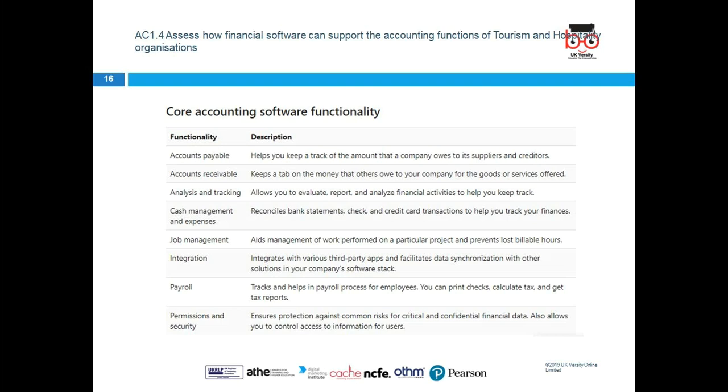Integration: our software can be integrated with the various authorities. They can verify the data and check it, and that will help improve efficiency and provide better services to our stakeholders, who really want our services to be improved. Payroll, of course: the software helps us track and pay money to our employees on time, their bonuses, efficiency-related pay, and the tax calculations.